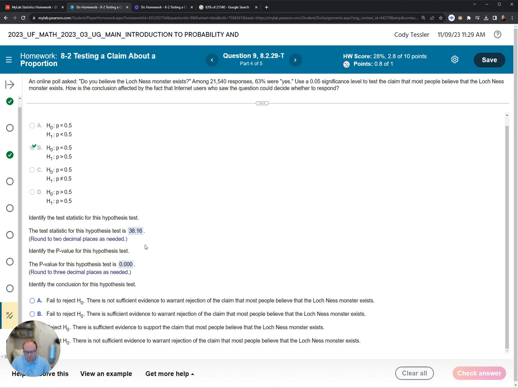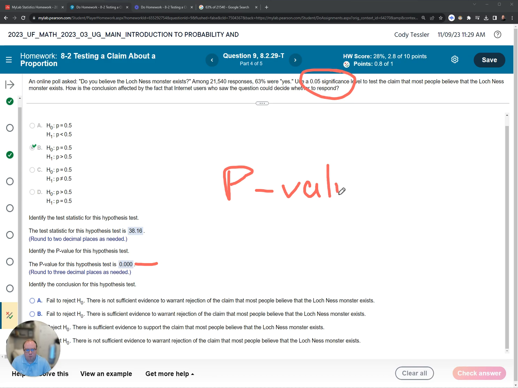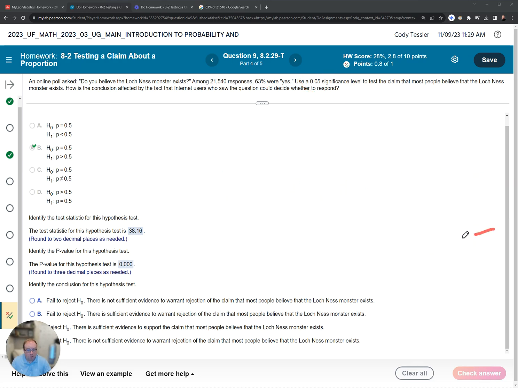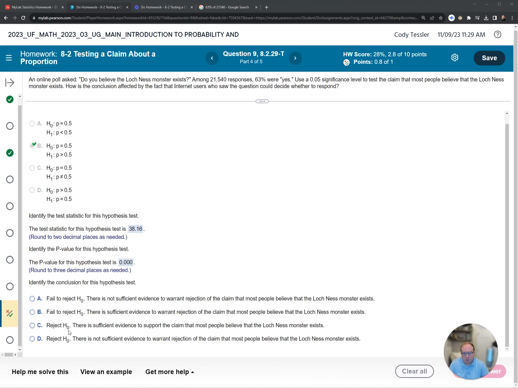So if we compare the p-value with the significance level, what we need to do is consider the p-value and its relationship to our alpha. So 0 is definitely less than 0.05. And if the p-value is low, the null must go.